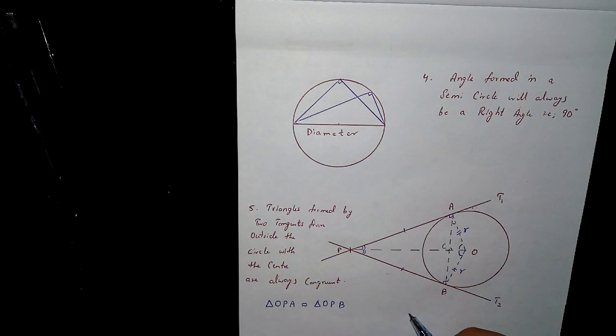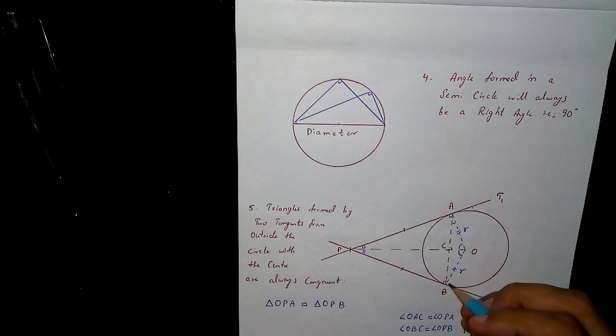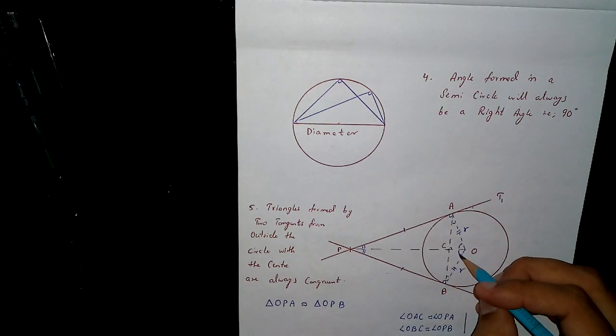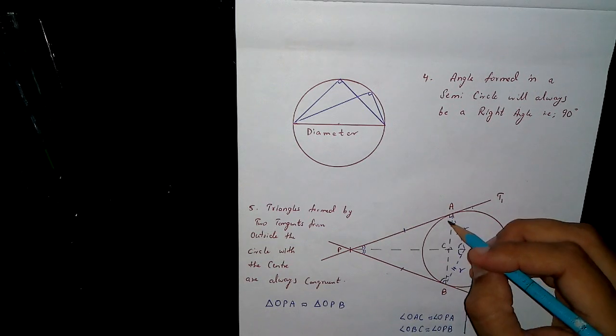That is, I can say that angle OAC is congruent to angle OPA, and same for this triangle as well, that angle OBC will be equal to angle OPB. And similarly, if you calculate this angle, it will be equal to that angle.